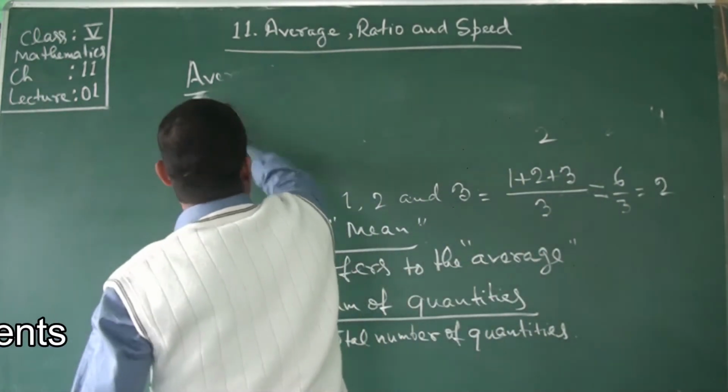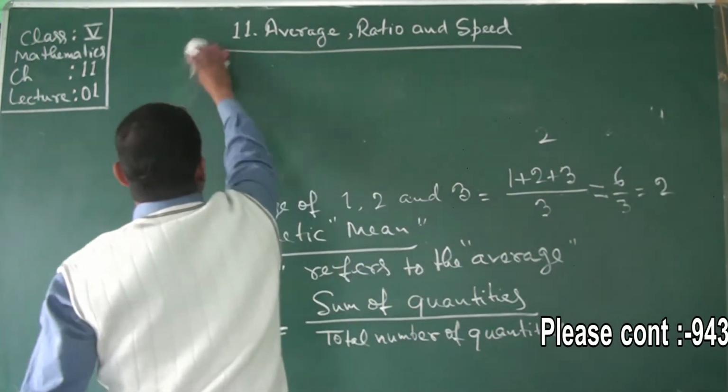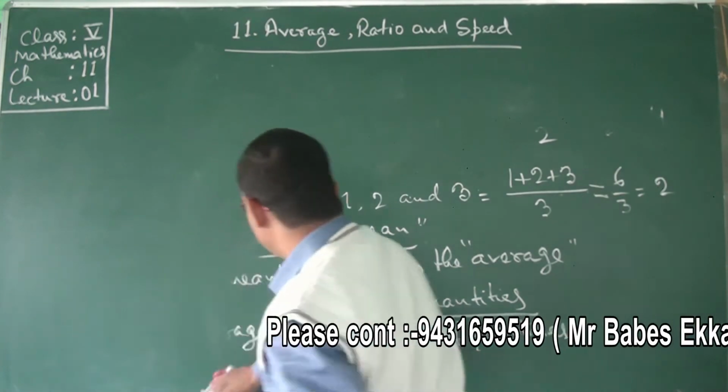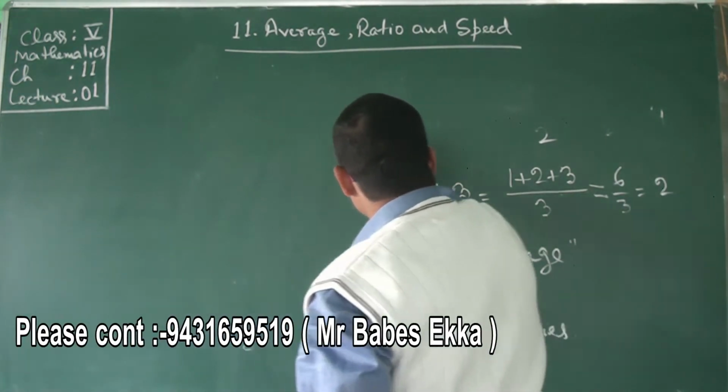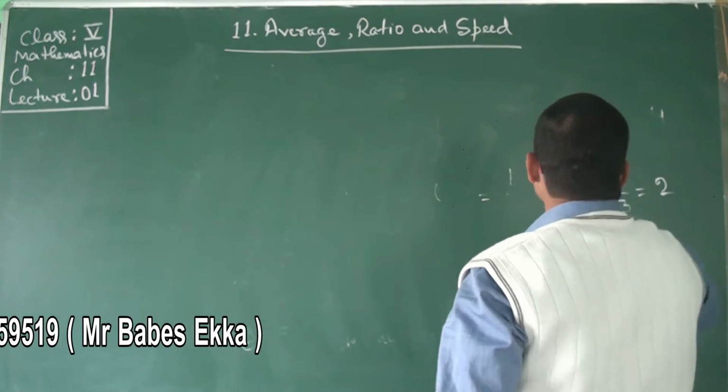Now come to some of the properties that are used while finding the average of given quantities.